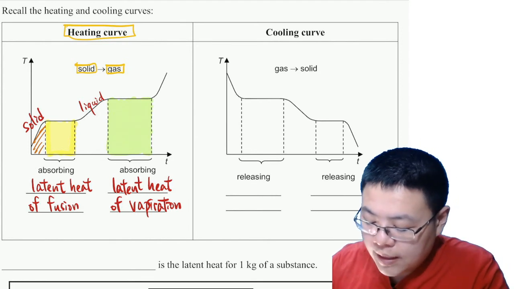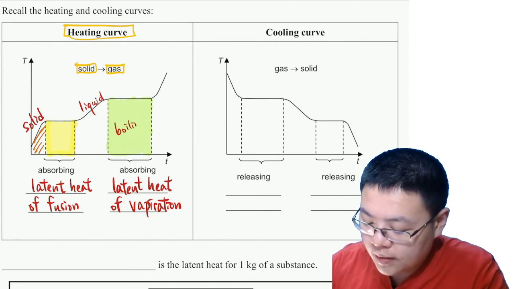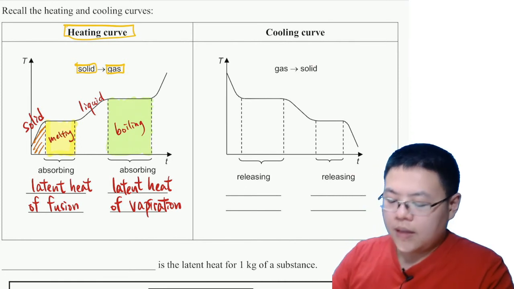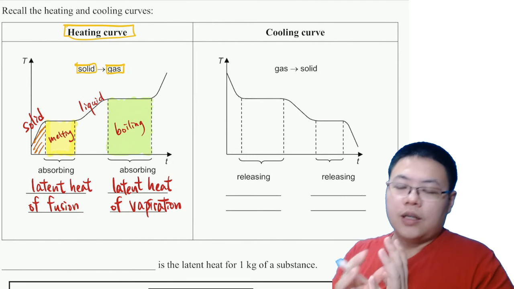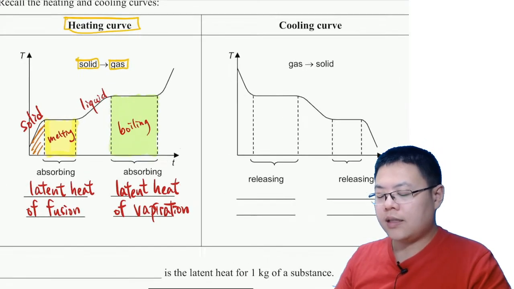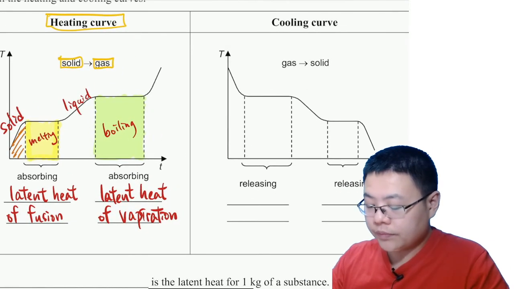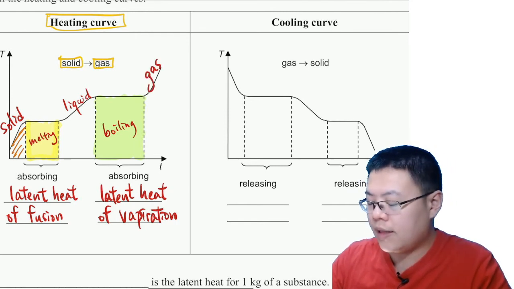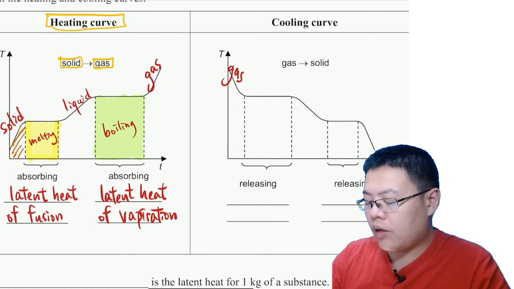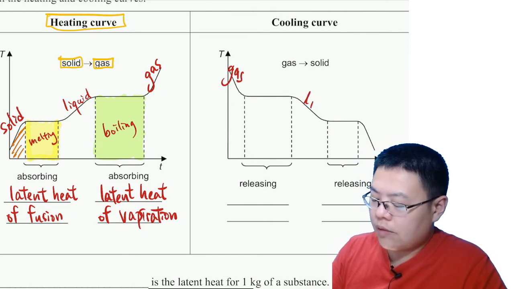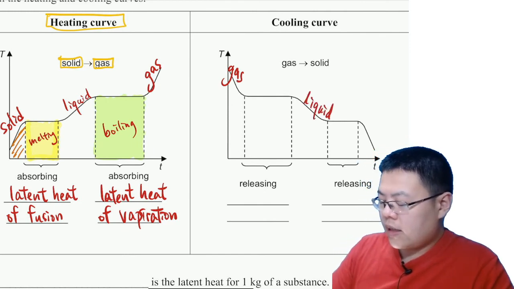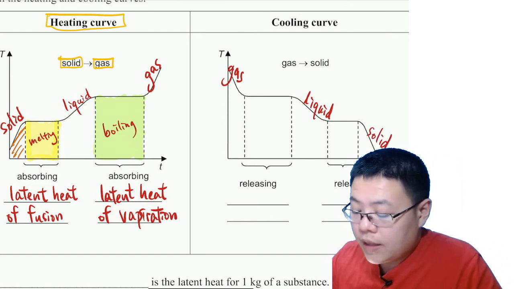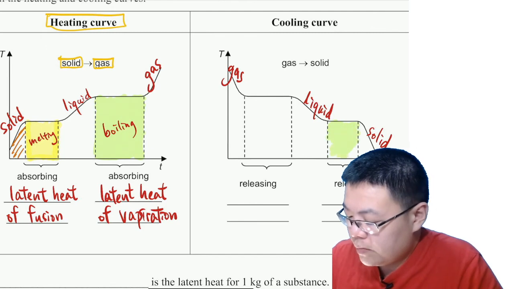And the process here is boiling. The process here is melting. In the process of changing state, it is a mixture, okay? And finally, they all become gas and the temperature rises again. So here, on the opposite side, the gas becomes liquid, and then the liquid becomes solid. And the same thing happens, but the name is different.